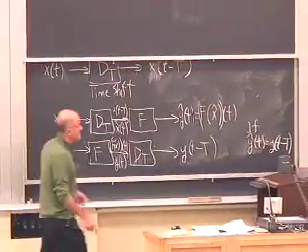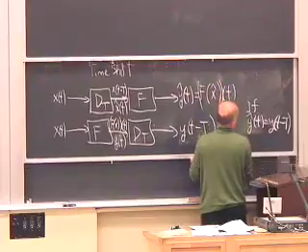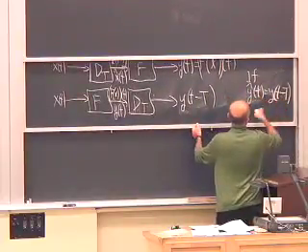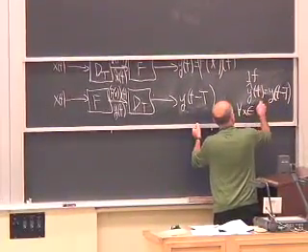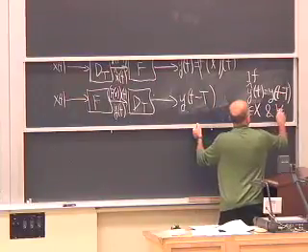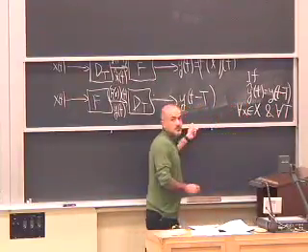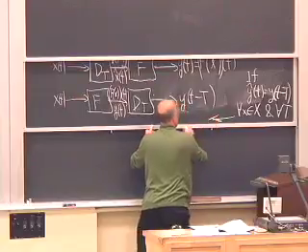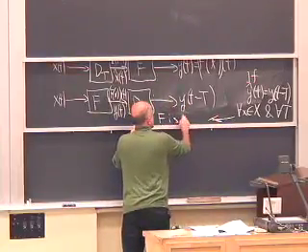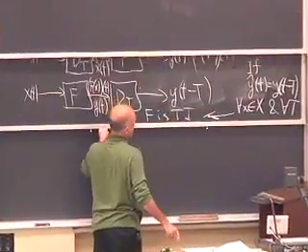So if y hat is y of t minus T for all x in X and all shifts, then f is time invariant. That's the upshot.